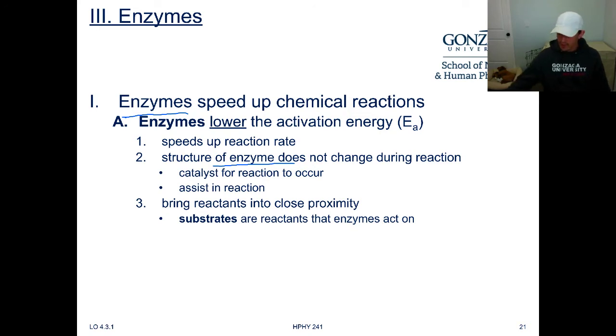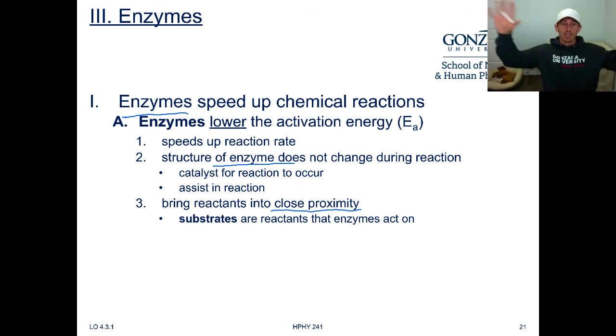And the reason that enzymes do not change during a reaction and the way they actually help speed up reactions is often they are occurring in this manner. They bring 2 reactants or a reactant into close proximity together, and then the reaction can proceed very quickly because they're close, okay?